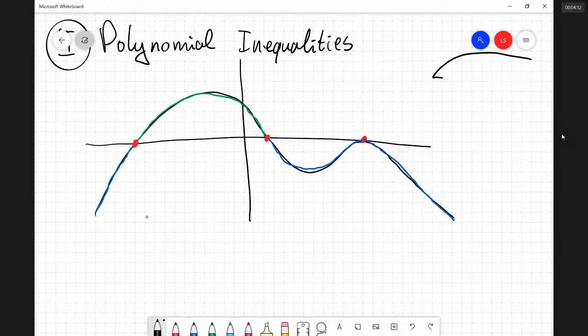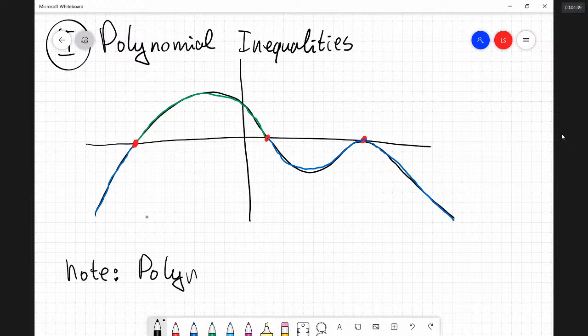A polynomial does not behave in that way, right? It's continuous and it is a smooth curve. So the only way that I can go between positive and negative is if I'm passing through a 0, through an x-intercept. So that's an important note to make.